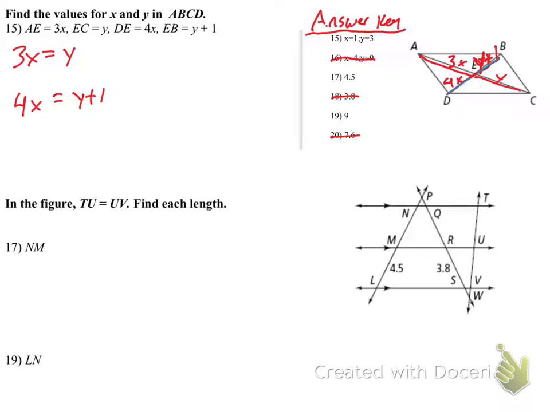So 4x is equal to, I'm going to substitute y is equal to 3x, right? I'm going to substitute that right there. So I'll have 4x is equal to 3x plus 1, and then I'll minus the 3x over, so I'll have x is equal to 1. Okay, so that's that one.